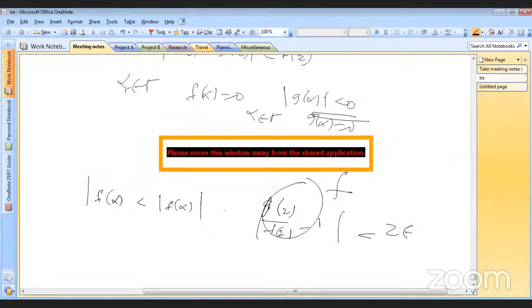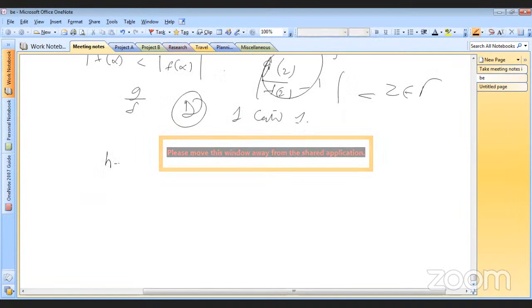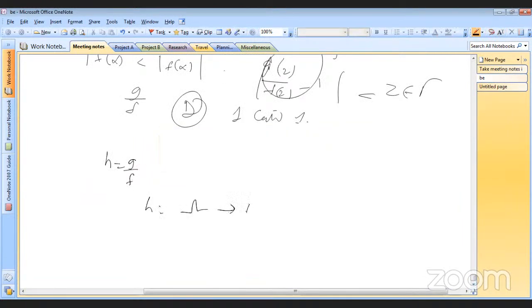Therefore we write |g(z)/f(z) - 1| < 1 for z belonging to gamma. So the range of g by f is contained in the open disc of radius 1 centered at 1. Therefore let h be equal to g by f.